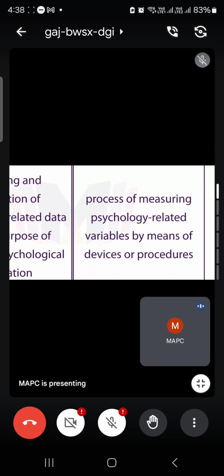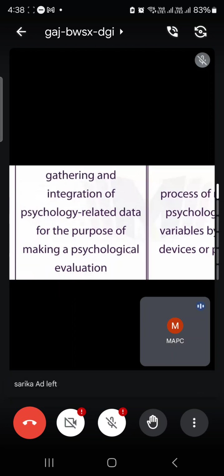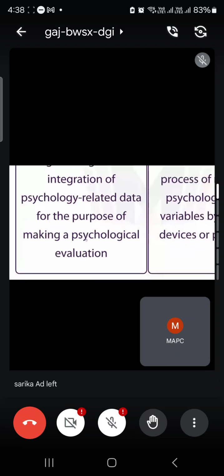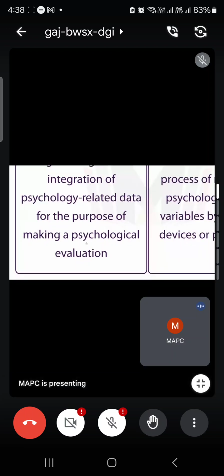So understand the difference here. You are just measuring any one variable with the help of testing, but here you are gathering and integrating, and you are making the psychological evaluation of a person.